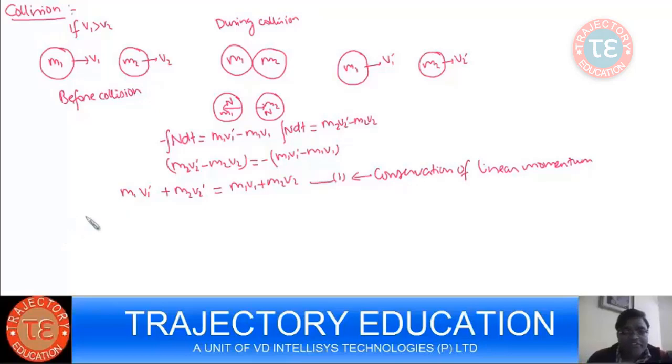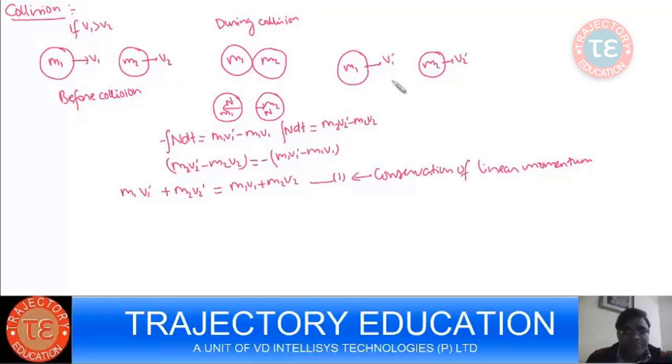What about the law of conservation of mechanical energy? What about energy? So here I'll be talking only of mechanical energy because we are talking about energy conservation in a classical system. Energy of the classical system, which is called mechanical energy, is of two kinds: potential energy and kinetic energy.